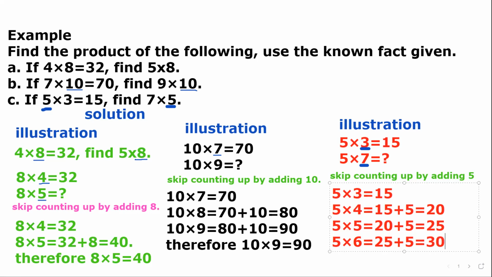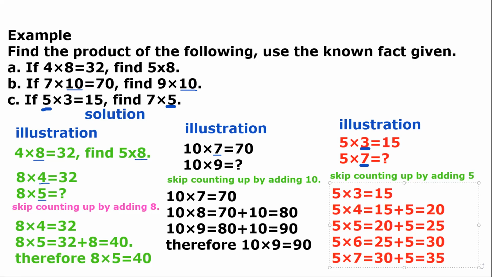Good. We are still not reaching the 7. So you keep on adding. So 5 times 7 here is equal to the previous answer, which is now 30, plus 5. And that gave us 35.